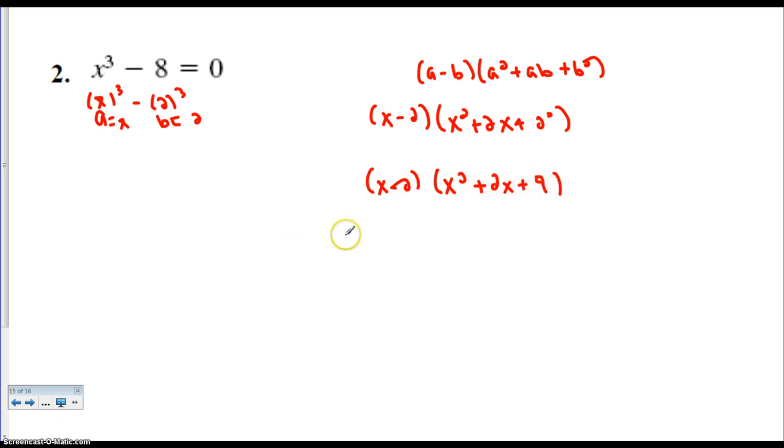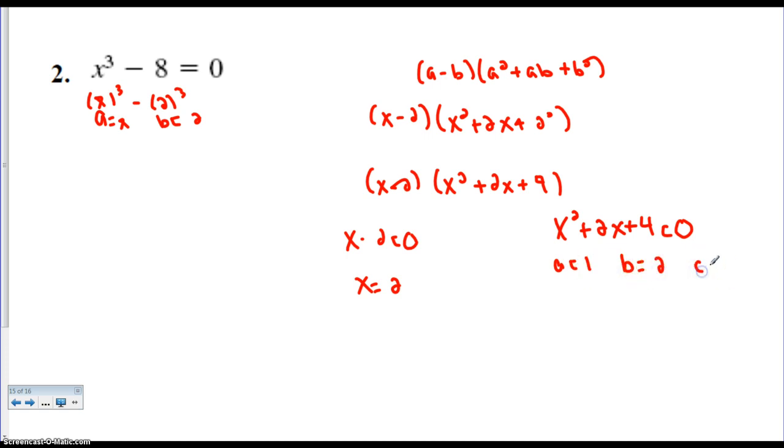So I set x minus 2 equal to 0. I get x to be 2. Now if I set x squared plus 2x plus 4 equal to 0, it's not factorable. And if I were to use the quadratic formula, a is 1, b is 2, and c is 4.